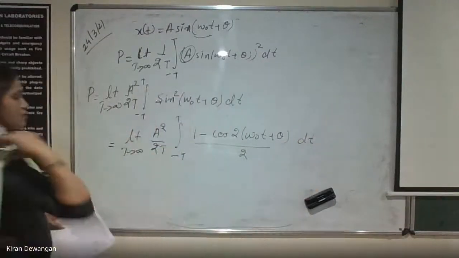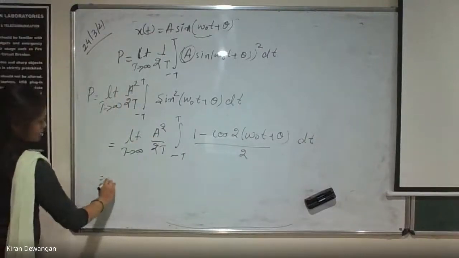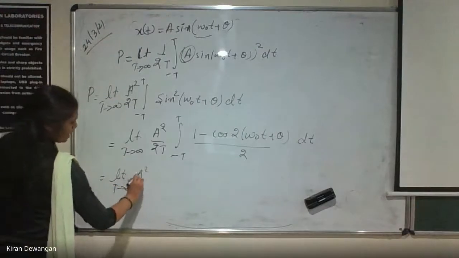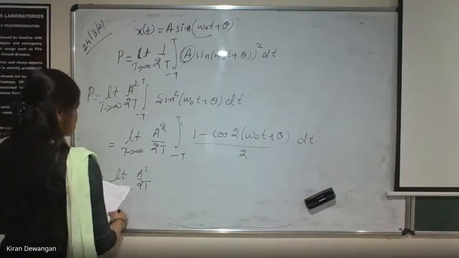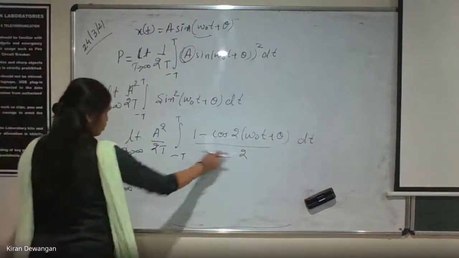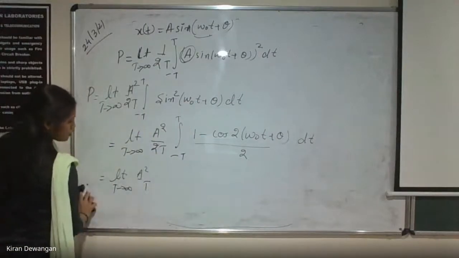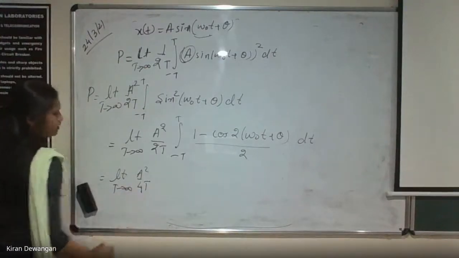Now we can bifurcate these two and write them separately. This can be written as limit T tends to infinity, A squared by 2T, and we can take out this 2 also, so this becomes A squared by 4T.